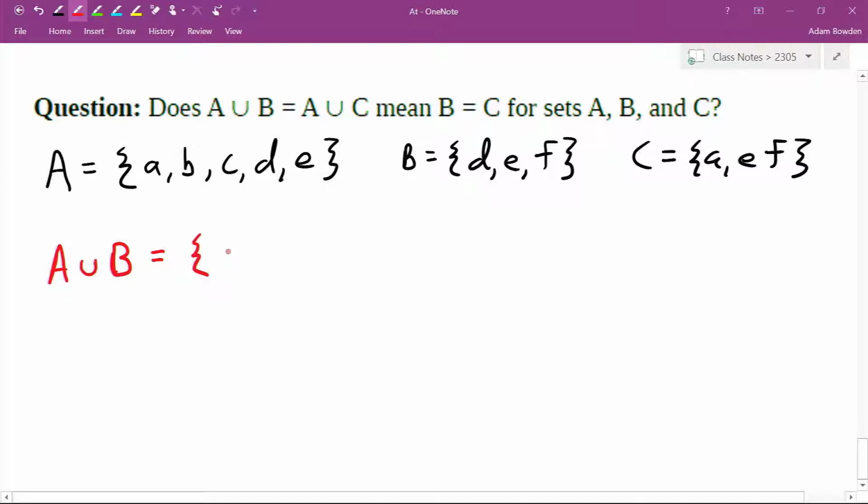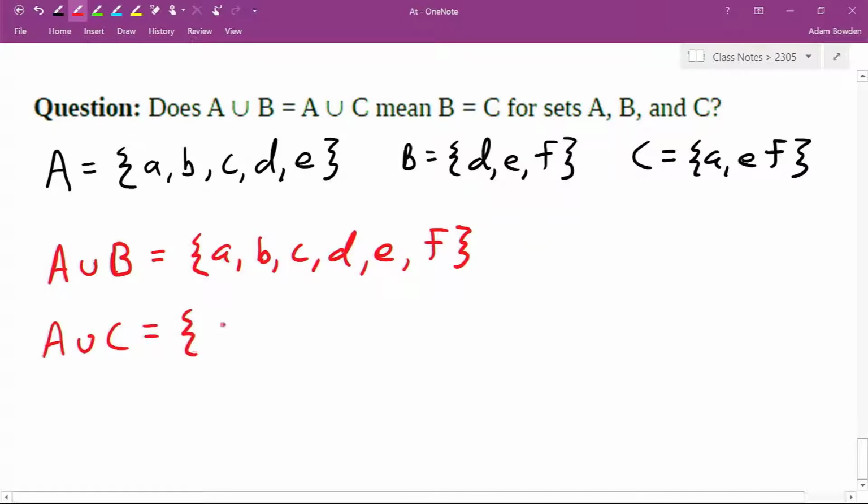That would be taking everything in A and B and joining them together. So it would look like a, b, c, d, e, and f. If I do the same thing, A union with C, then I'll have a, b, c, d, e, and f.